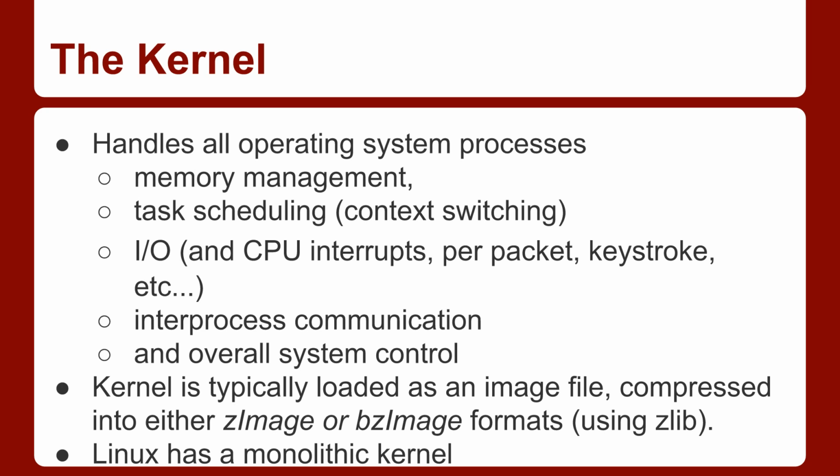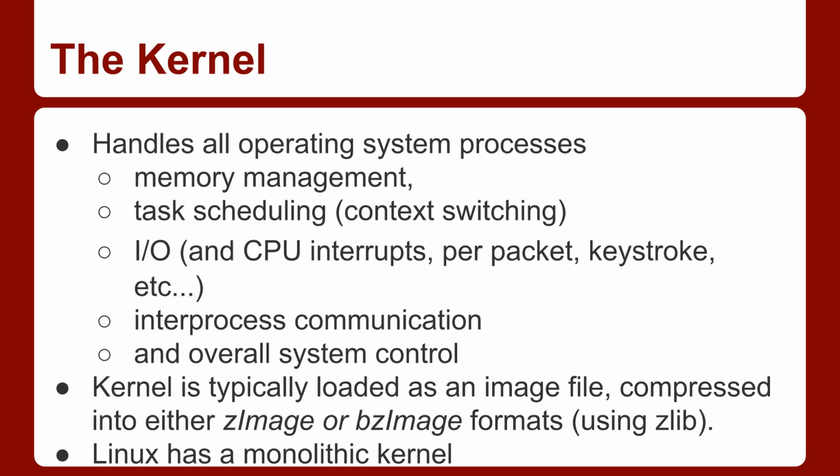And each one of these inputs, each keystroke, each packet generates a CPU interrupt, which context switches from whatever's going on to handle that keystroke. However, the processors nowadays are very fast, so most users go their entire lives without ever knowing this happens underneath. So it also handles inter-process communication and overall system control.